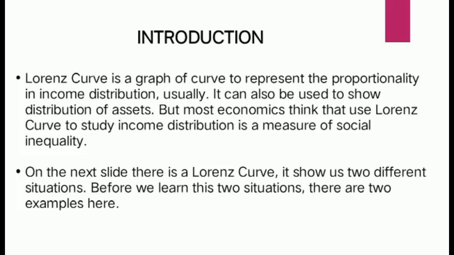The Lorenz curve is very important because it helps in understanding economic inequality. When the Lorenz curve keeps moving away from the baseline, it indicates that the level of inequality keeps increasing.